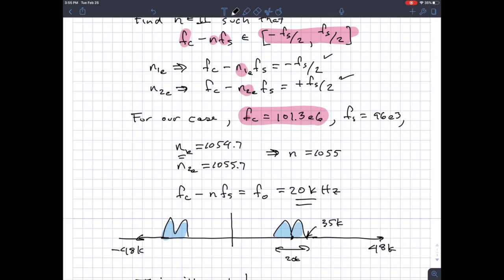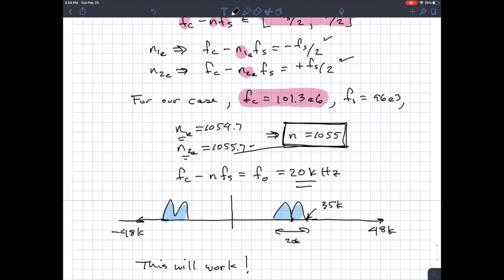Plug into the second equation, and you get the upper value, which is 1055.7, so the integer value between those is n equals 1055. Plug that value of n back in, using the values for FC and FS, and you get 20 kilohertz. So the question is, does this work?